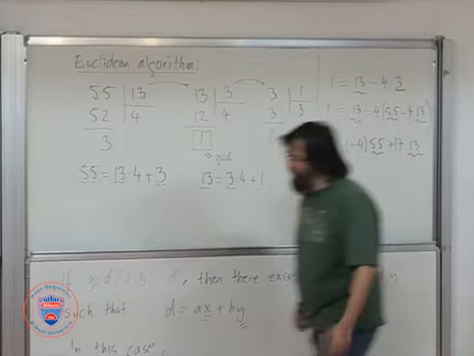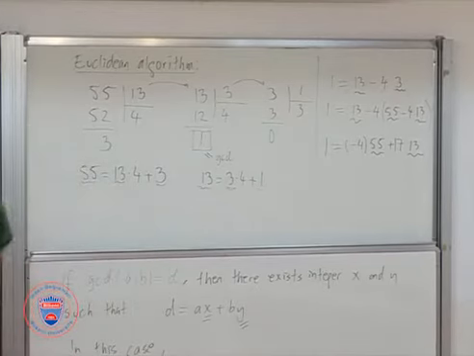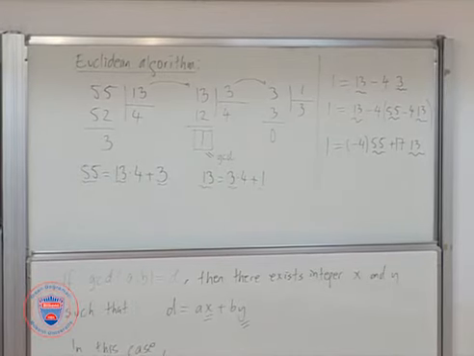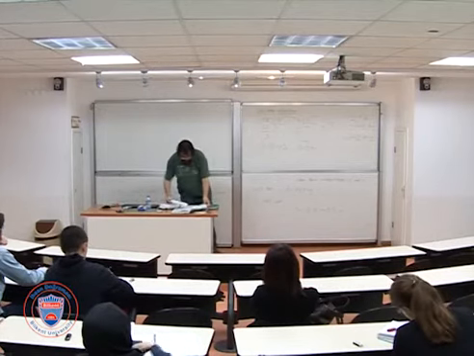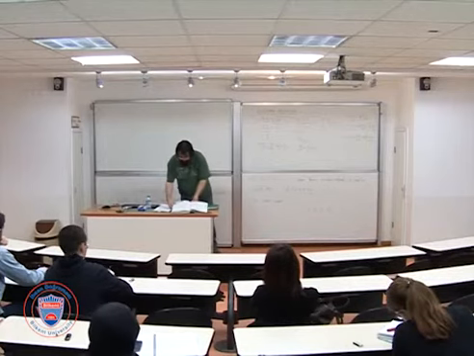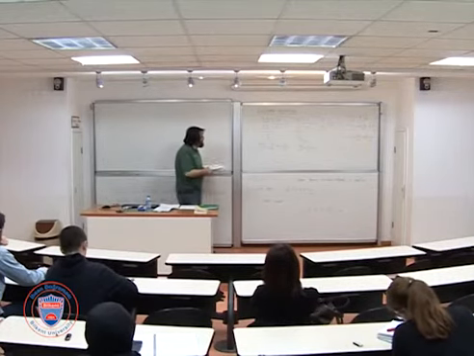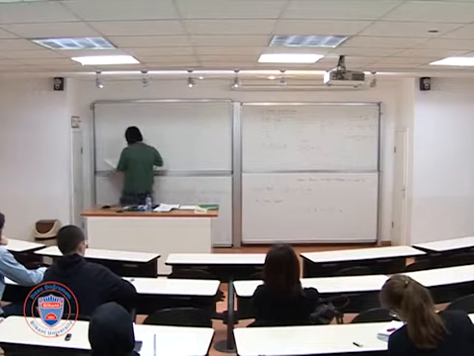Let me write one more question. I mean, this is something that every year I try to teach because this shows how interesting things you can obtain using something like greatest common divisors.